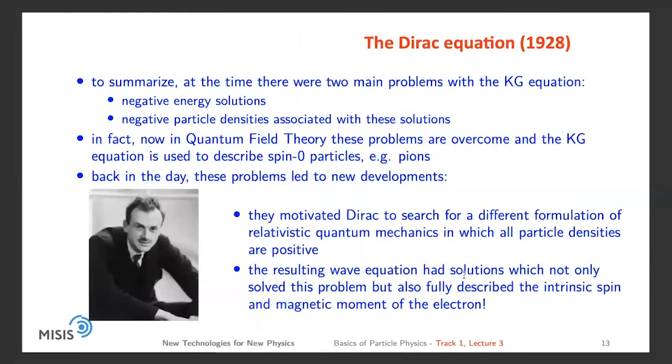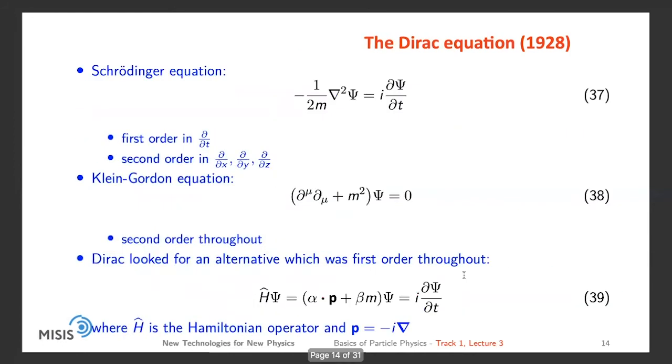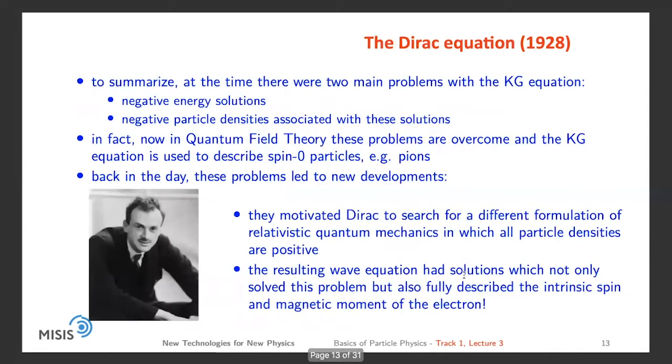So basically in 1928, there were two main problems with the Klein-Gordon equation. First is negative energy solutions, and second, negative particle densities associated with the solutions. And in fact, now in quantum field theory, these problems are overcome, and the Klein-Gordon equation is used to describe spin-zero particles, like for example, pions.